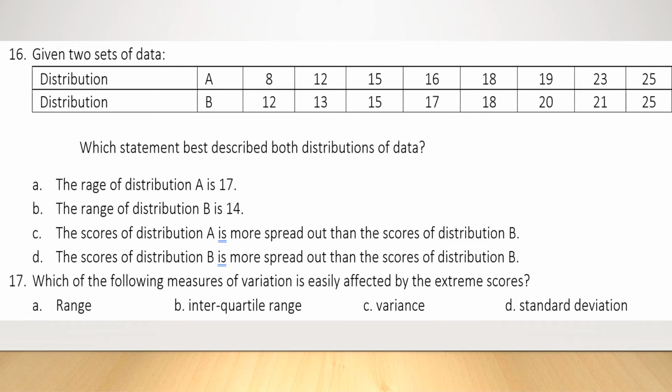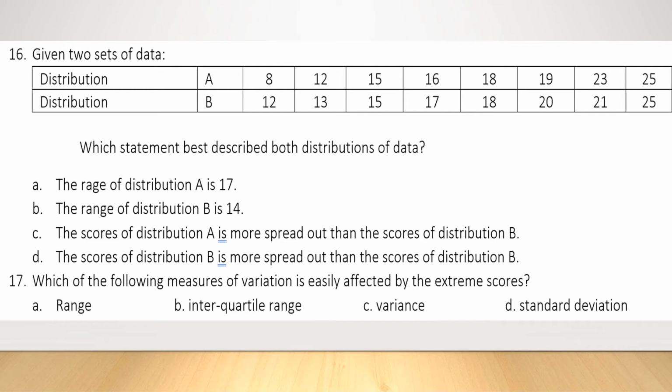By the way, how to get the range? Kuhaon nimo ang highest, i-minus nimo sa lowest. Ana siya range. So, letter B, the range of distribution B is 14. Letter C, the scores of distribution A is more spread out than the scores of distribution B. Letter D, the scores of distribution B is more spread out than the scores of distribution B.